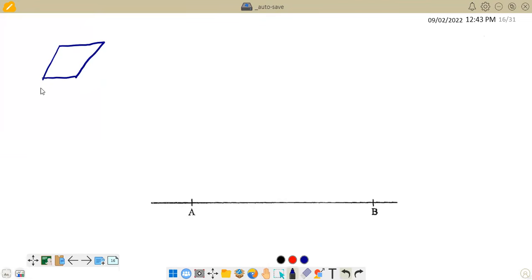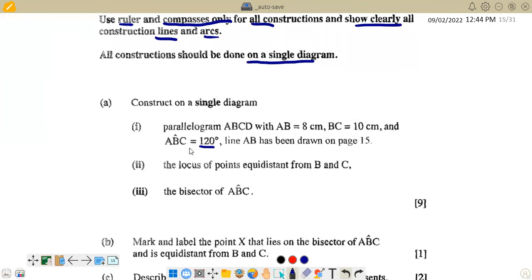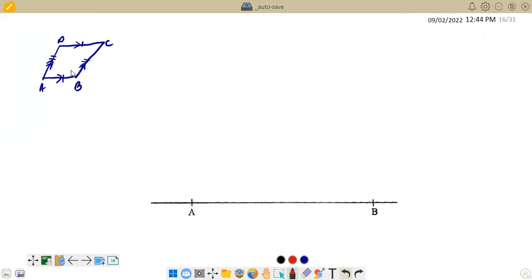So we're going to have our A, B, C, D. Remember, it's a parallelogram, guys, where these two sides will be parallel and equal. These two sides are also parallel and equal. So we've got our AB, and we're given the angle ABC, which is 120 degrees.